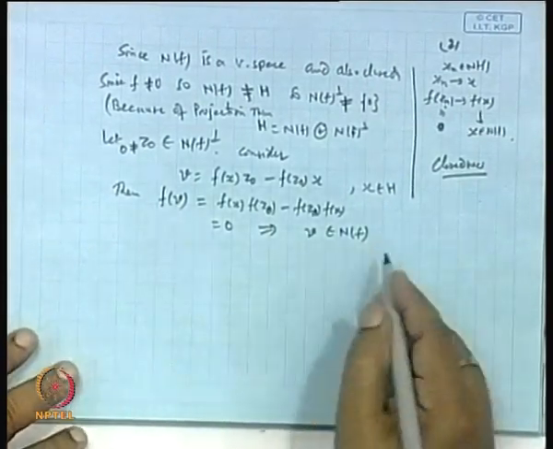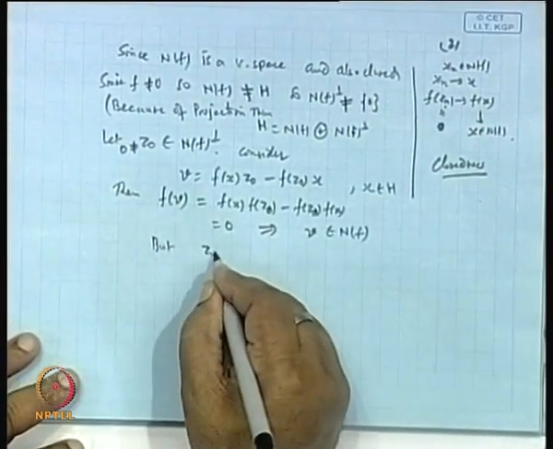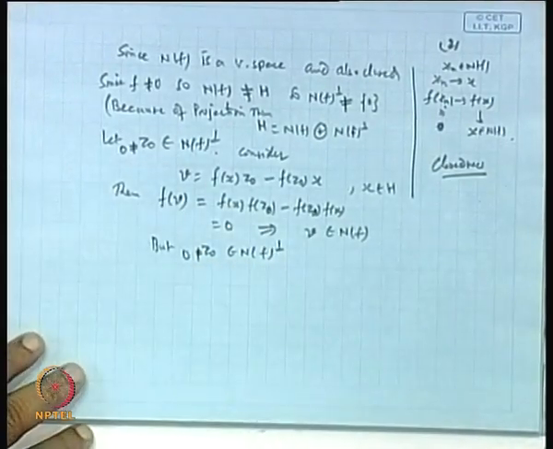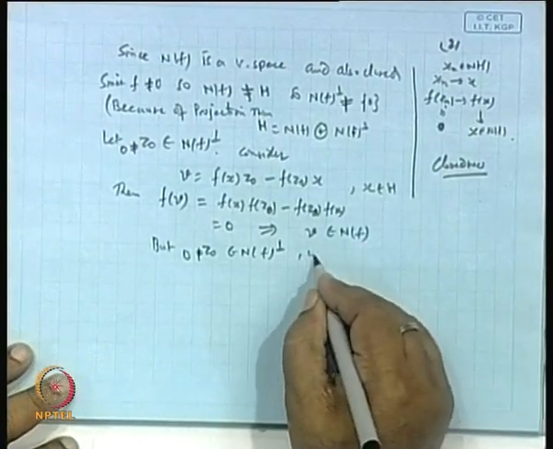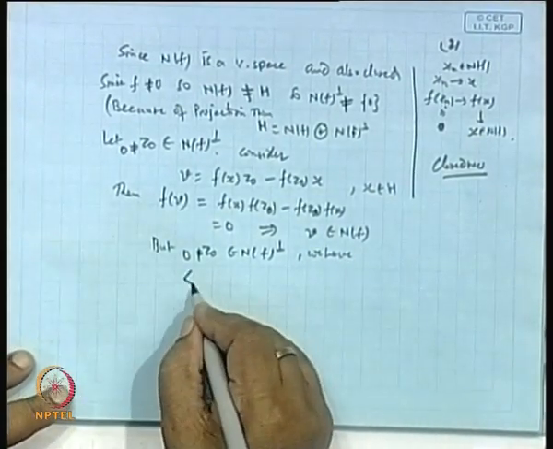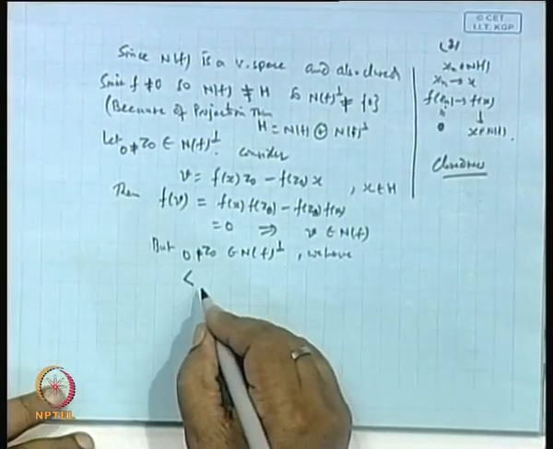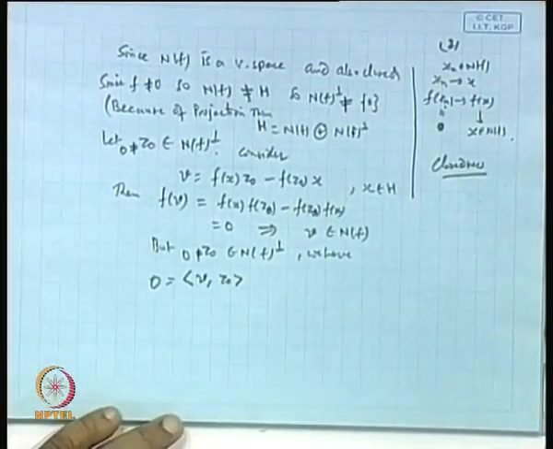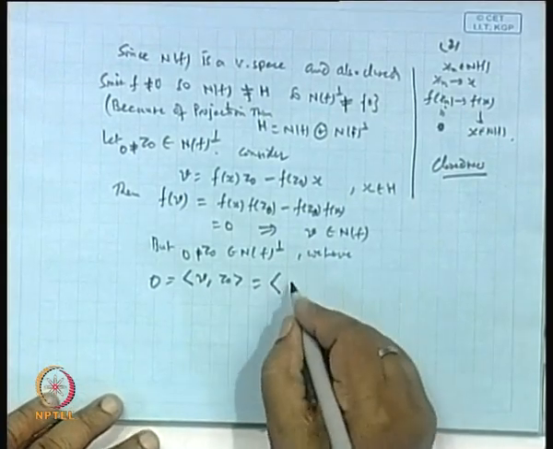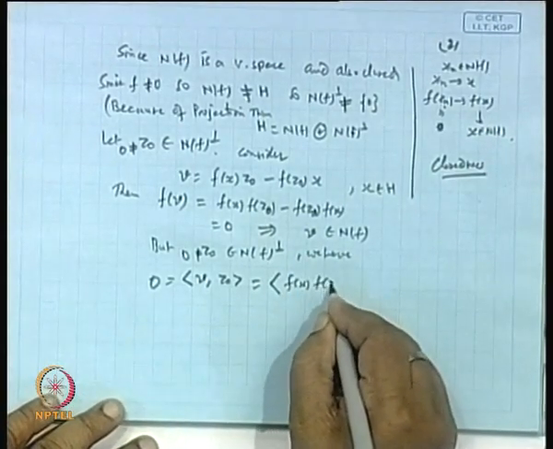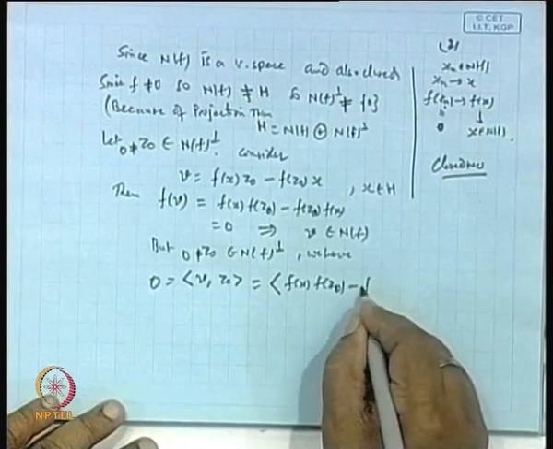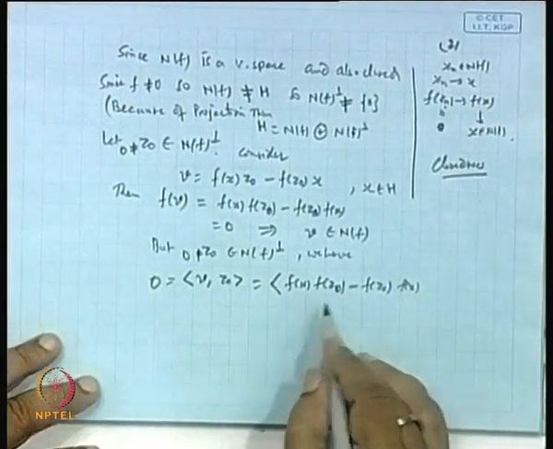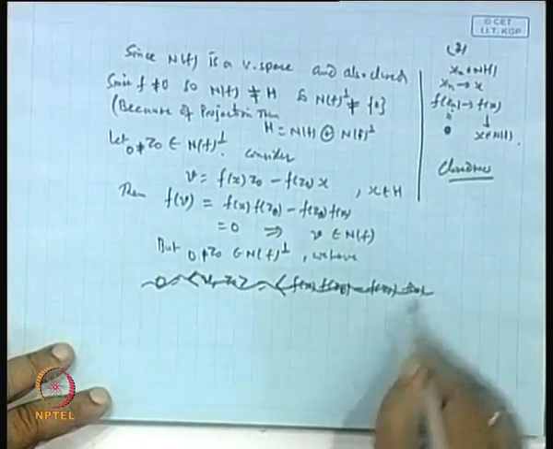Clear? But z0, which is not 0, is a point of the orthogonal complement of the null space. So we get the inner product of v and z0 is 0. But v is f(x) z0 minus f(z0) x.